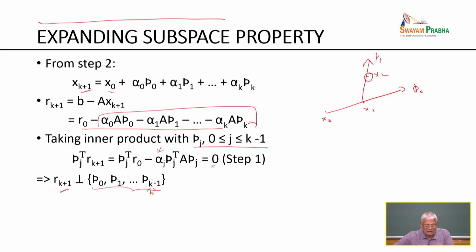Therefore, the successive residuals are orthogonal to ever increasing subspaces, first dimension 1, then dimension 2, then dimension 3, then dimension k, then dimension n. Once I come to dimension n, there is no more place to go, I have converged to the optimum point. So, that is what is called the expanding subspace property.